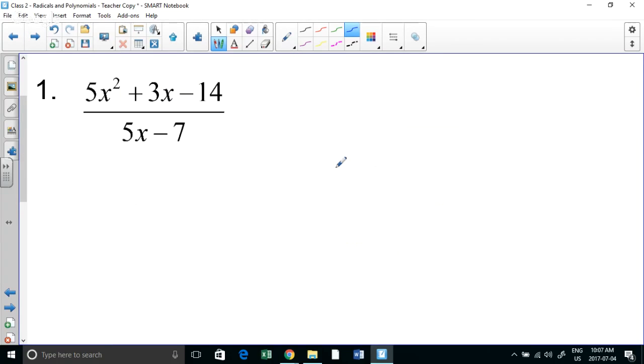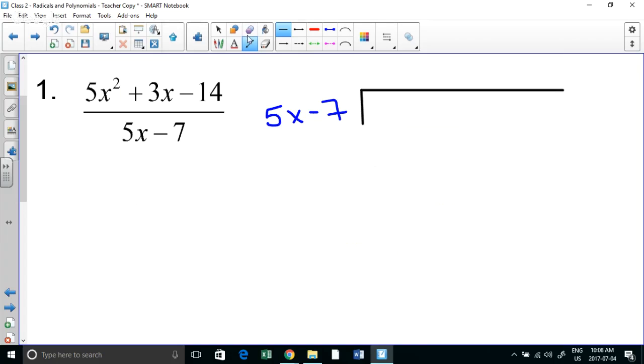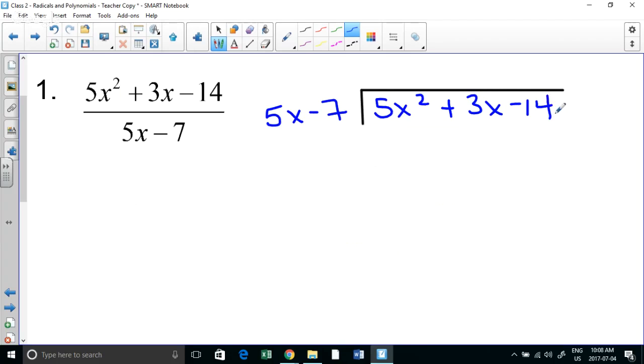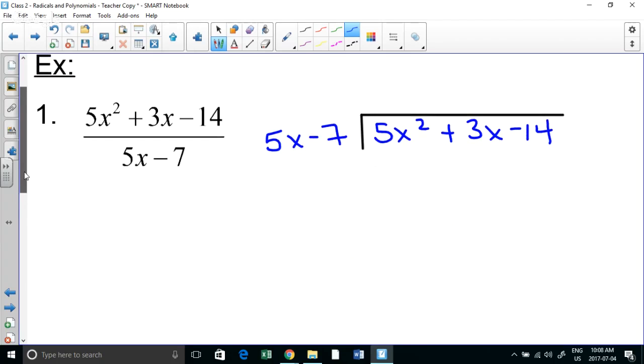However it is presented, it doesn't matter. As soon as you see a binomial at the bottom, you need to be setting this up as a long division, okay? It says that you're going to take the first term of the dividend and divide by this first term here. 5x squared divided by 5x is just x.